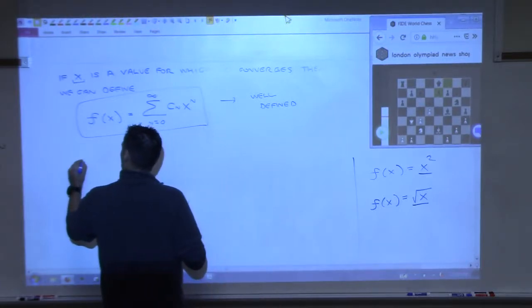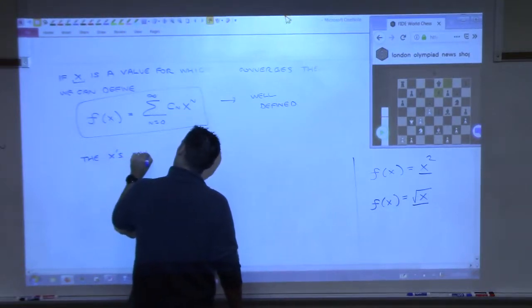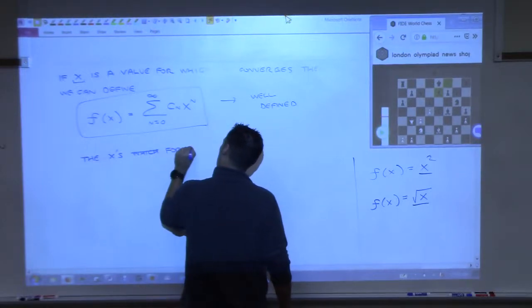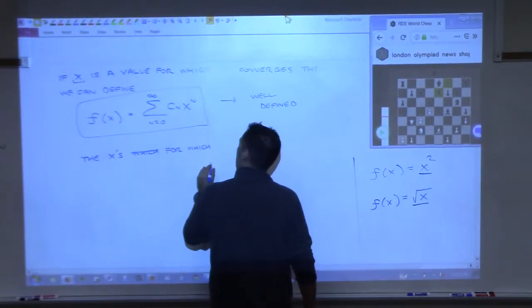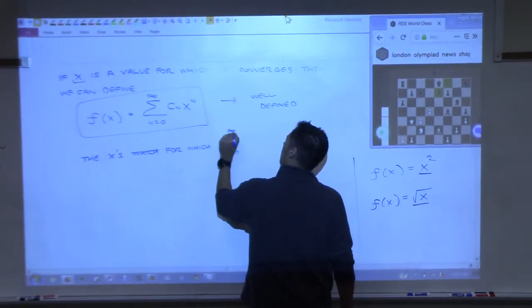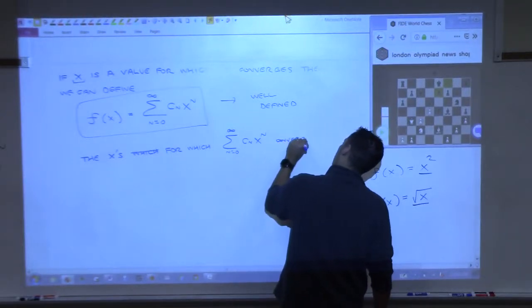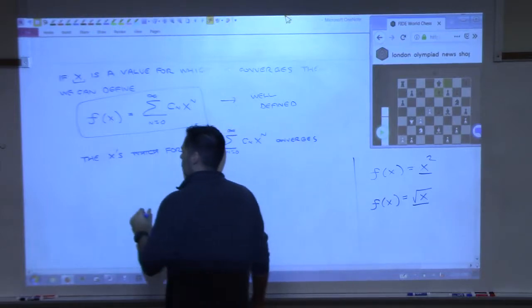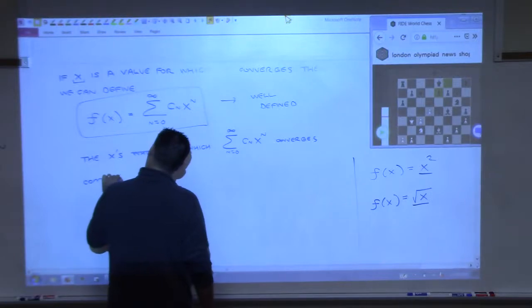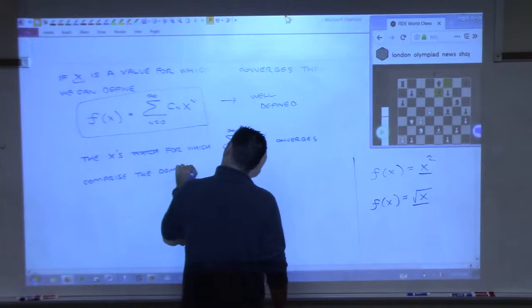So the x's for which the series converges comprise the domain of f.